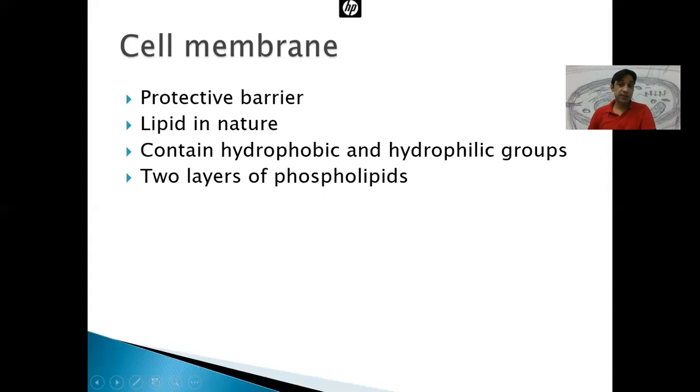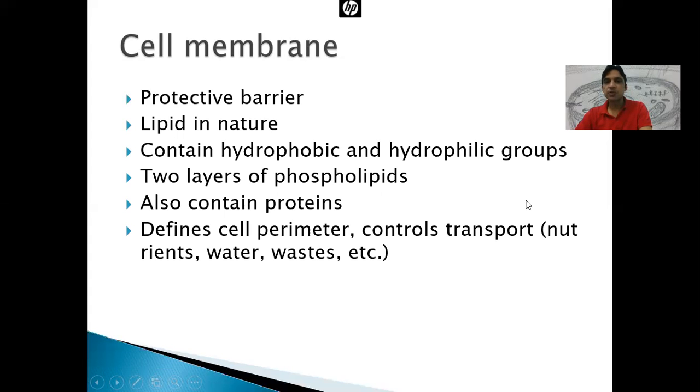Particularly the lipids are present in two layers, and that is why the cell membrane is typically referred to as a lipid bilayer. It also contains proteins which serve different purposes. It defines the cell's perimeter and cell shape, and it controls the transport of material across the cell. It's a very critical and important function of the cells.